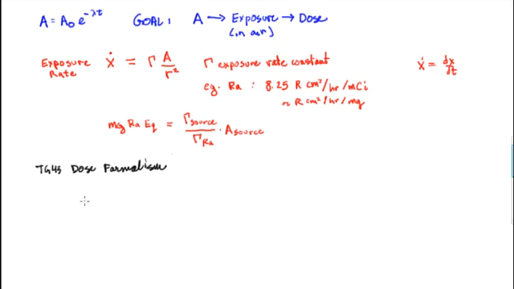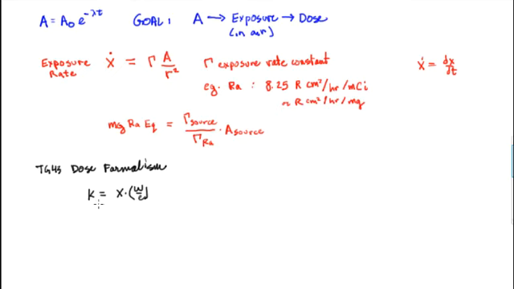And we start out with the fact that the kerma, the kinetic energy release per unit mass, is equal to the exposure times the amount of energy it takes to ionize an electron, the W function, W over e.